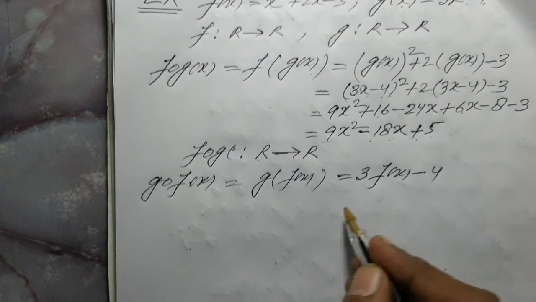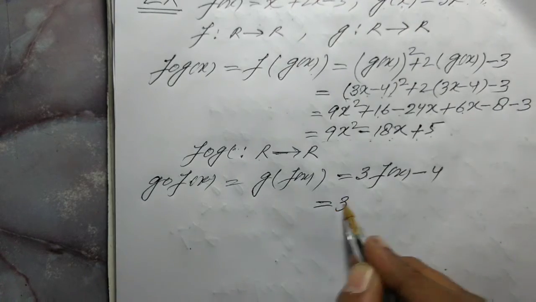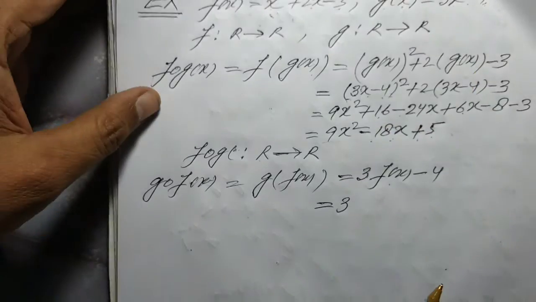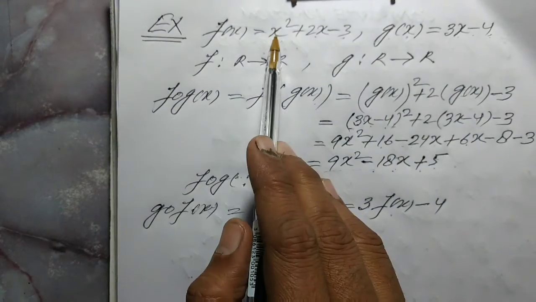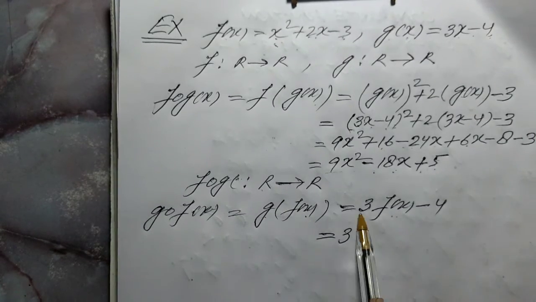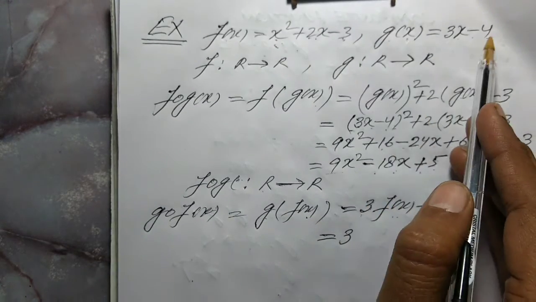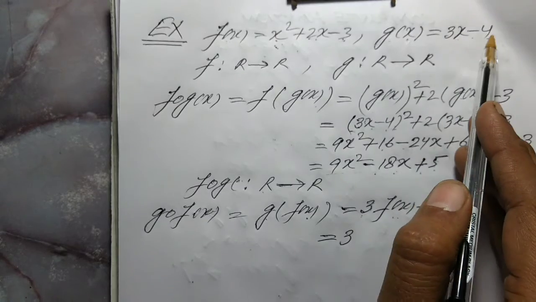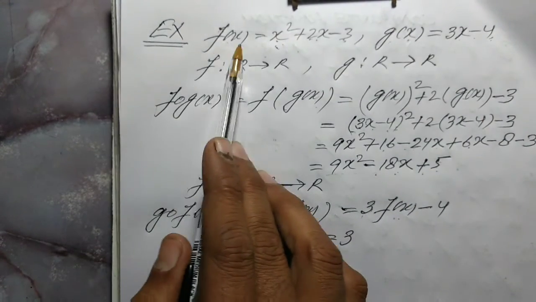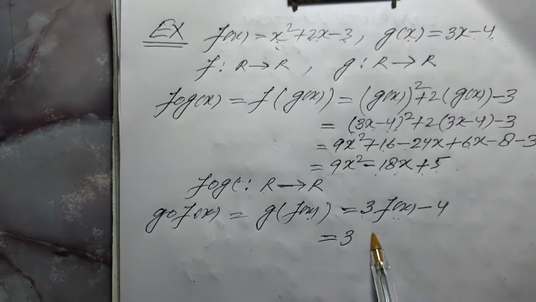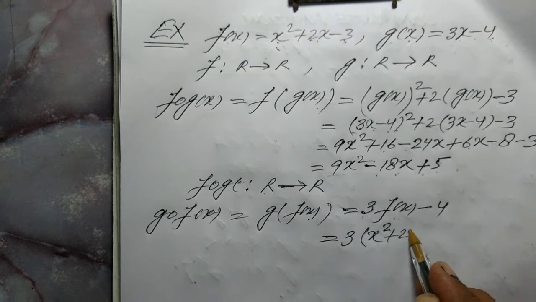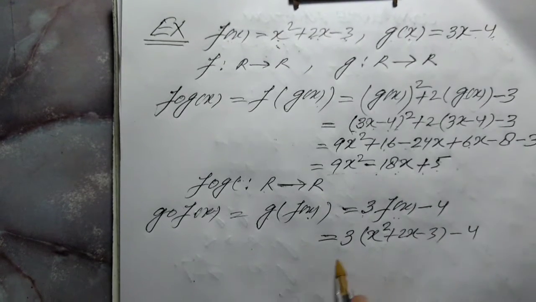Now we have to substitute for f(x). f(x) is equal to x square plus 2x minus 3, so here we substitute 3 times x square plus 2x minus 3, minus 4.